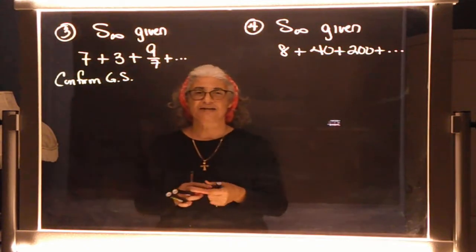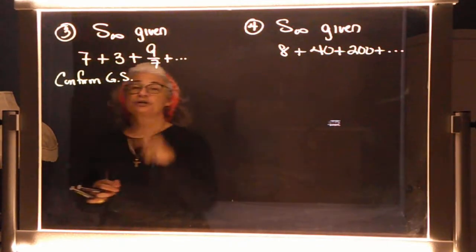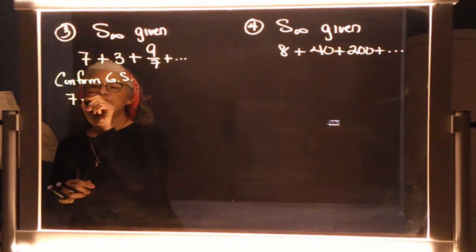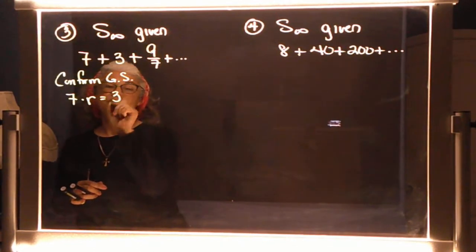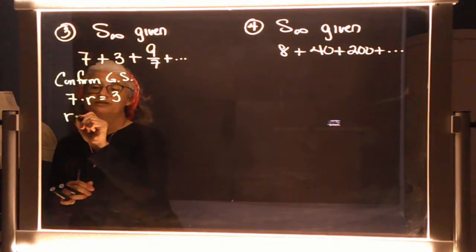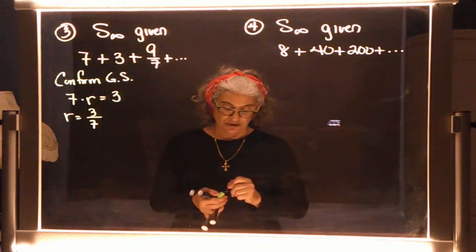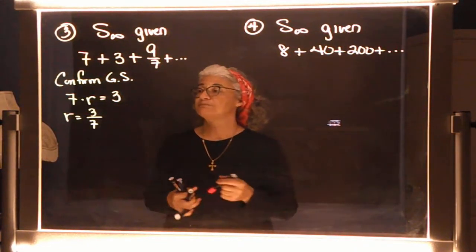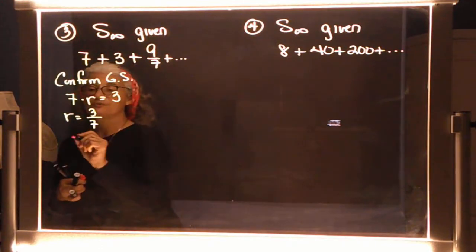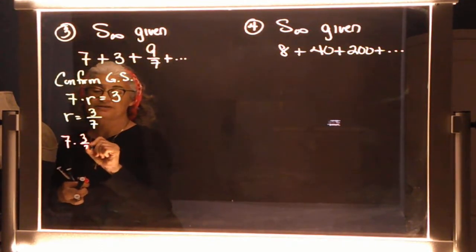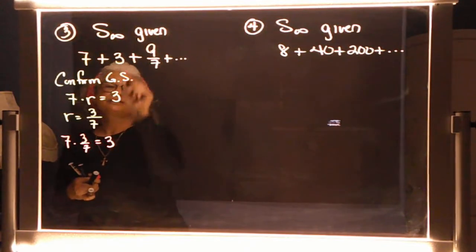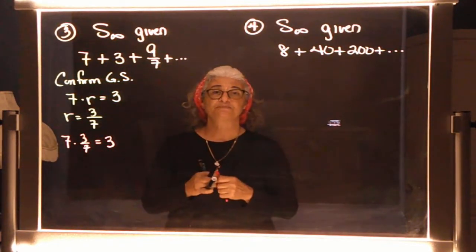You're like, how are you going to do that? I'm going to find the common ratio. So remember, the first term times that common ratio must be equal to 3, which means the common ratio must be this fraction 3/7. If I take the first term of 7 and multiply it by 3/7, I get 3. Well, that's term number 2, so we're good, right?